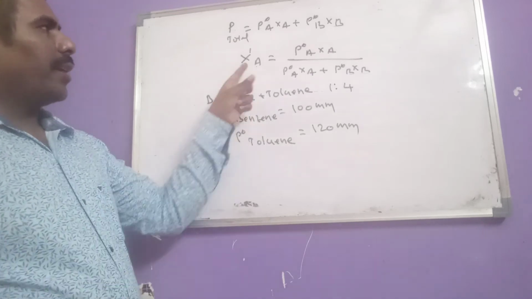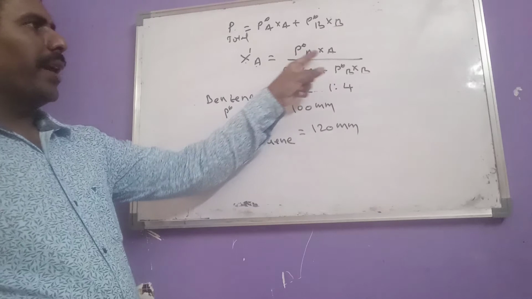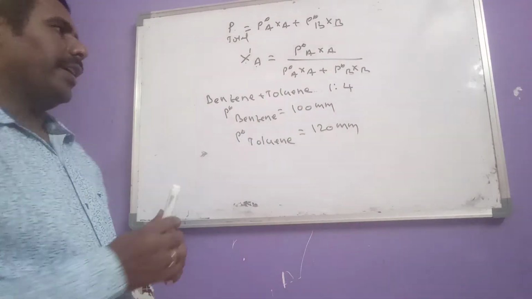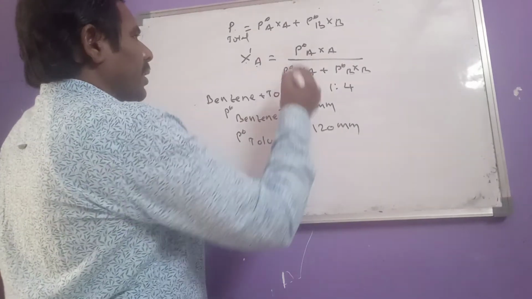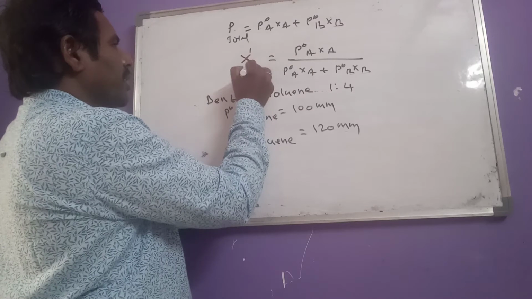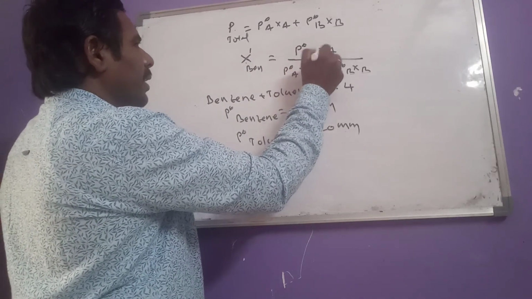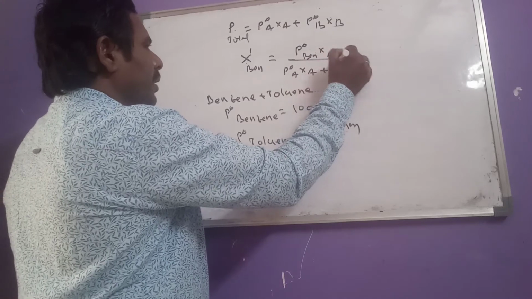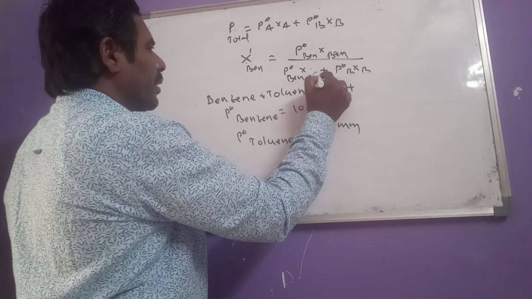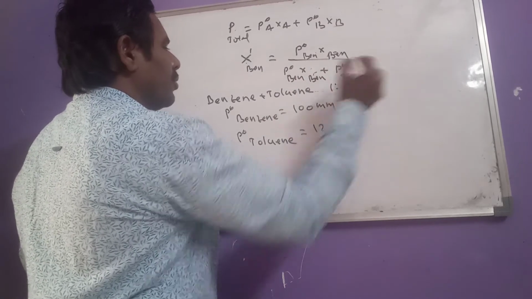So to determine mole fraction of benzene in vapor phase, first we need to determine these values separately. Then we can substitute in the equation. So first, the equation for mole fraction of benzene: P naught benzene x benzene by P naught benzene x benzene plus P naught toluene x toluene.